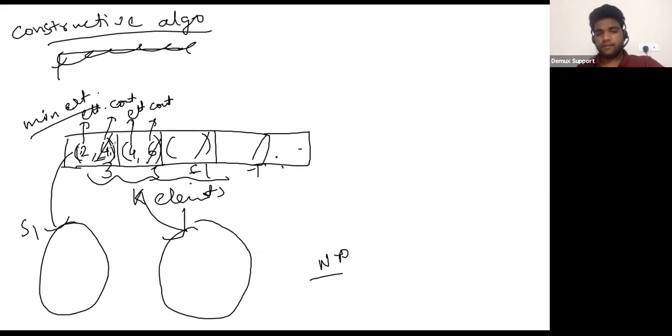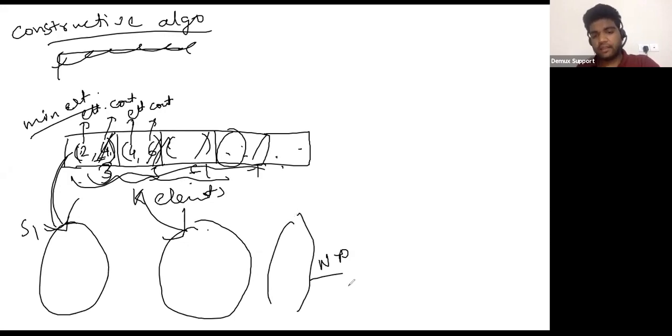Once I have that, can I say that the first k elements of this array will be in my first set? And then I can decrement my counts for these first k elements and repeat. At any point, if I'm not able to find a set, then it's not possible. Or if I exhaust all the elements, then it's possible. Yes, this array is sorted.